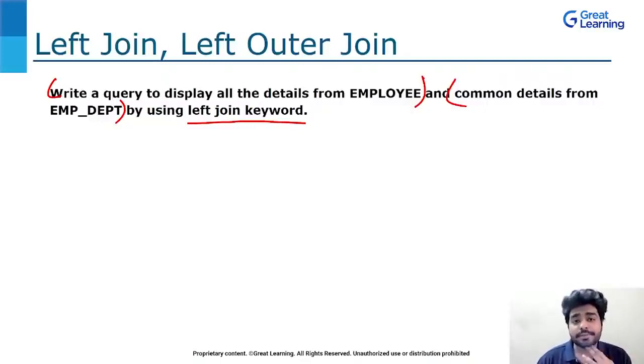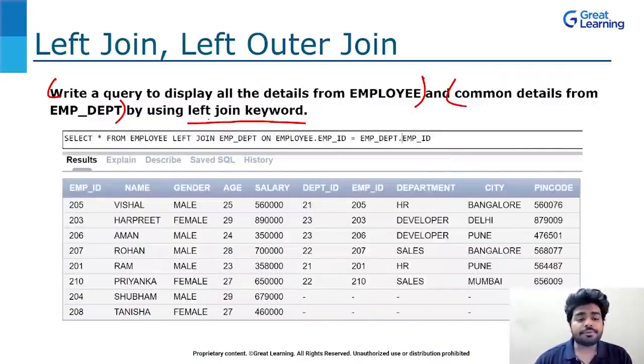Can't we use left join? So in the left join, what will happen? See, I have written the left join here, right? And the table which I have written on the left-hand side is employee. So from employee, all the details will come, but from employee department, only the common details will come. Easy?